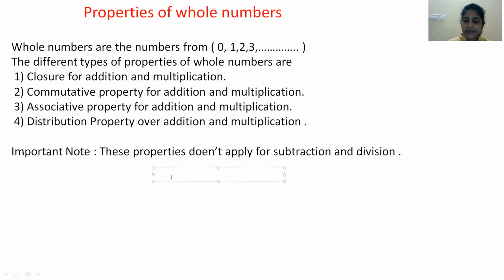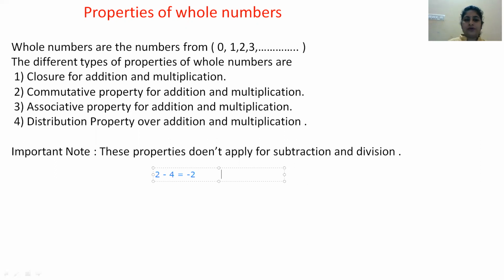Suppose 2 minus 4 is equal to minus 2. Here 4 is the bigger number among 2 and 4. So the symbol belonging to the bigger number will be the symbol for the final answer also. So it will become minus 2.